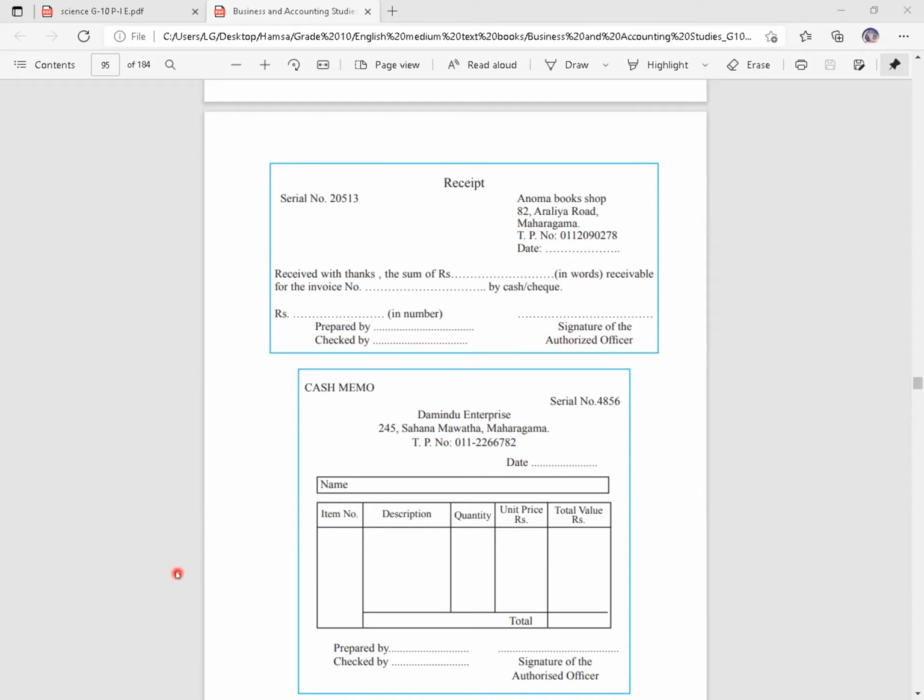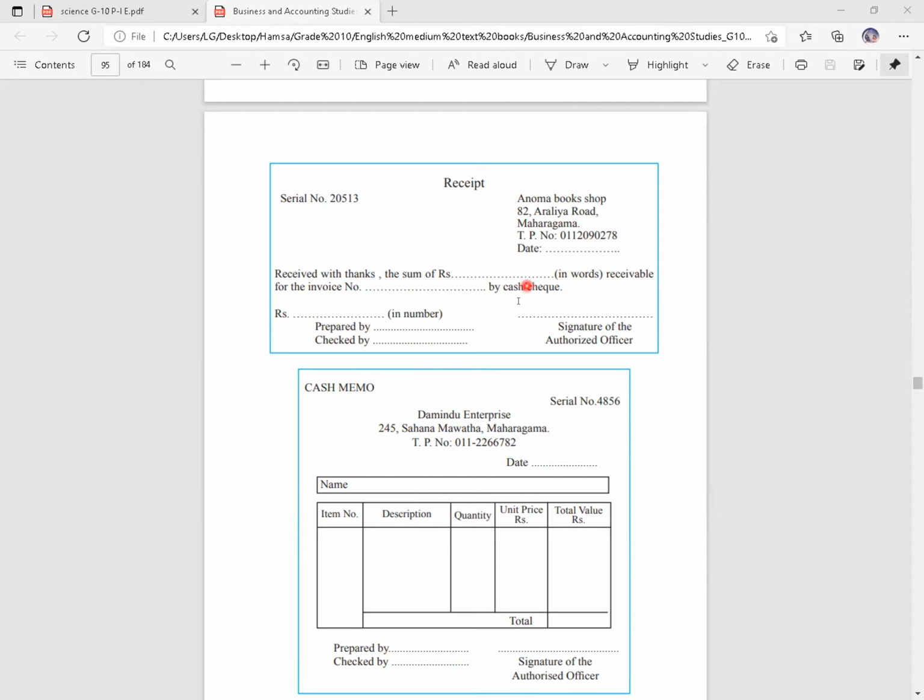In that invoice, you will be mentioning what items he has purchased, what the quantity of goods is, the price, the total price, everything will be mentioned in the invoice, right? So now when you are receiving the cash for that particular invoice, you have to write down the invoice number here.